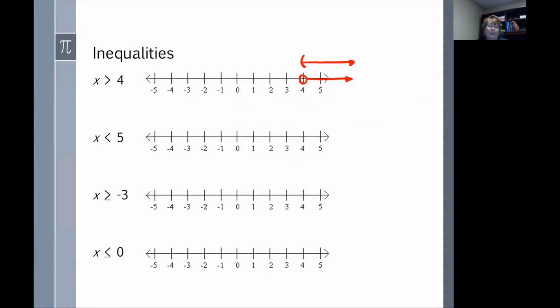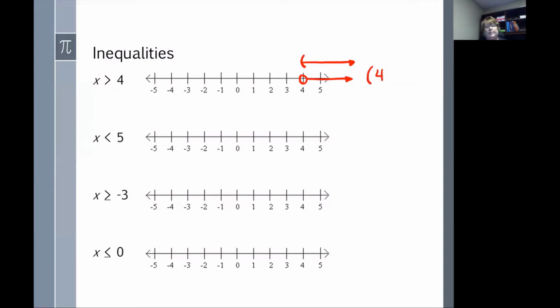So we have a notation that we use to write this kind of set. We call it interval notation. The interval of numbers that satisfy the inequality x is greater than 4 starts at 4. Where does it end? Well, it doesn't. You can continue to the right forevermore. So the way we write this is we put our 4 and we put a parenthesis next to it.